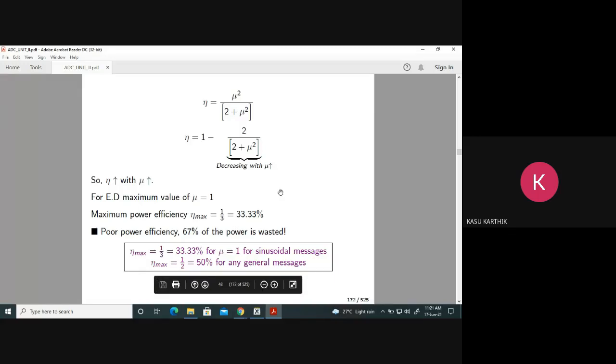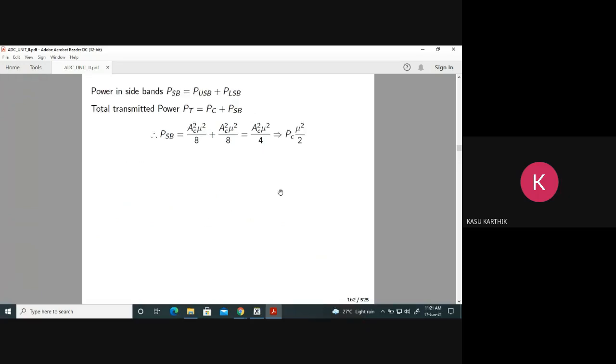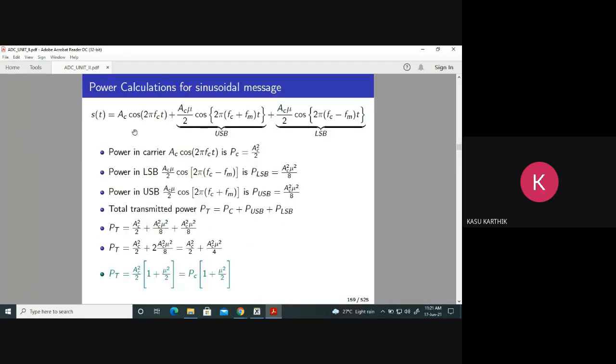Next, in the next technique, I'll remove this carrier. Still nothing will happen. Why? Because this carrier is not carrying any information. There won't be any loss of information. But what is the advantage you get?